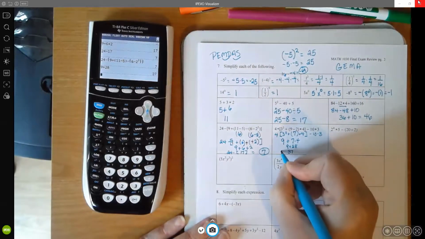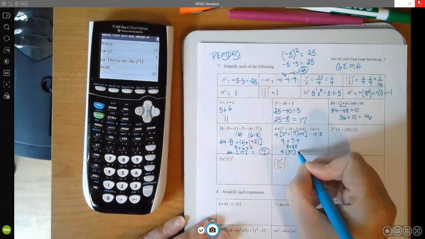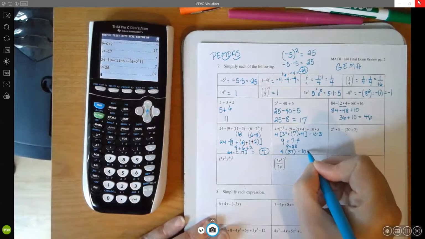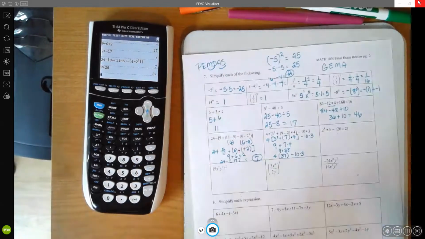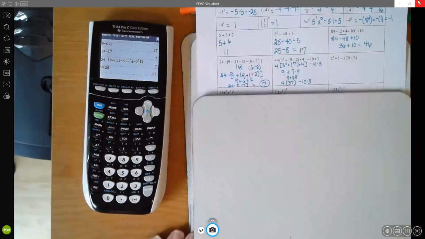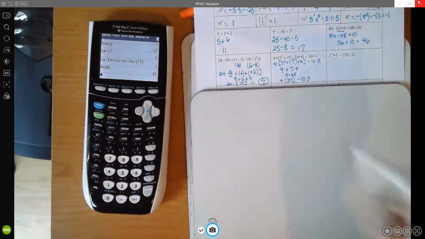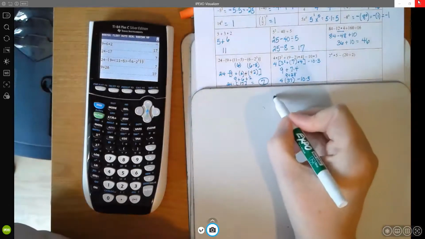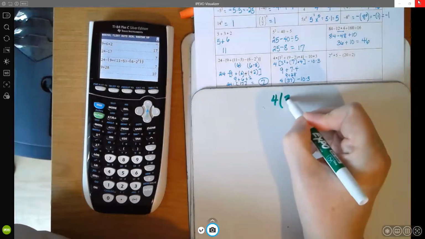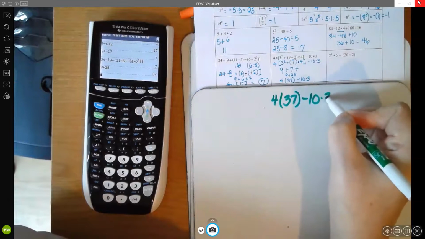So what does that leave me? 4 times 37 minus 10 times 3. Well, I'm kind of running out of room here, which is why I have the whiteboard. So I'm just going to flip this around, reach over here. Whoops, nope, there it is. Knew I had a pen somewhere. So now I have 4 times 37 minus 10 times 3.